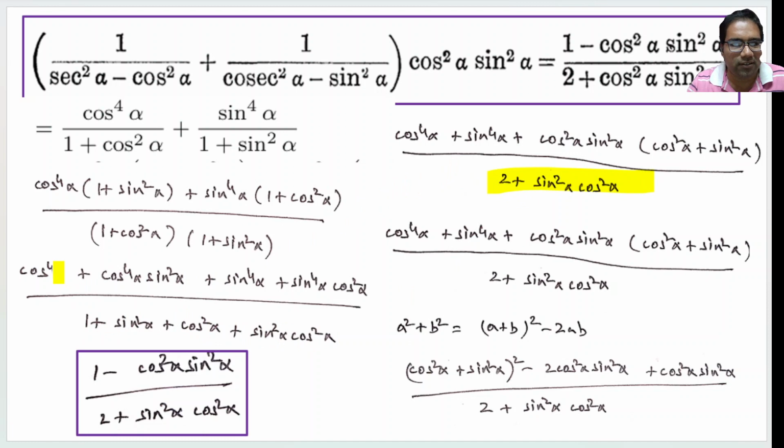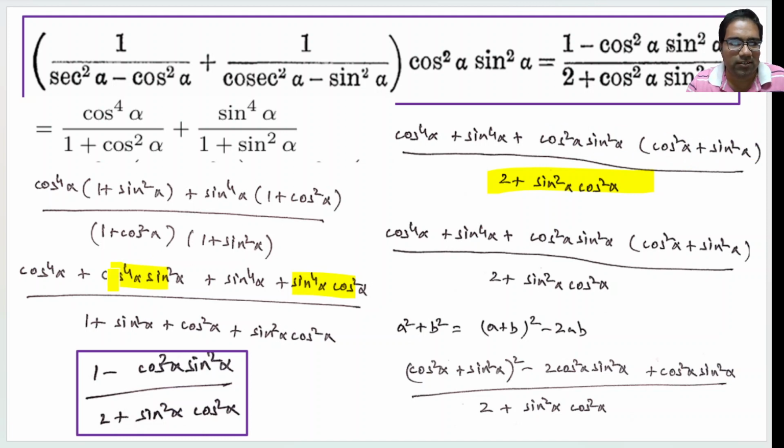Right, that is this. Now, in the numerator, there is this cos power 4 alpha and this sine power 4 alpha. Let's bring them together. And then there is cos power 4 sine square and sine power 4 cos square. Let's take cos square sine square common from these two terms. Then we'll be left with cos square alpha sine square alpha into cos square plus sine square alpha.